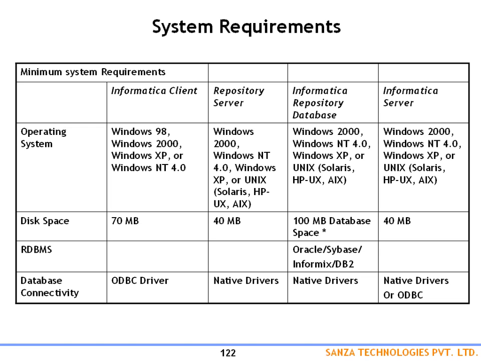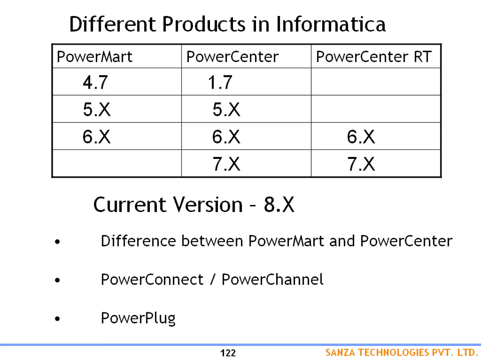And for the repository database, any RDBMS like Oracle, Sybase, Informix or DB2 can hold its system tables. That database can be installed on Unix or Windows environment. While installing the repository server, it will install the system tables in the repository. So these are the basic system requirements for the Informatica tool.